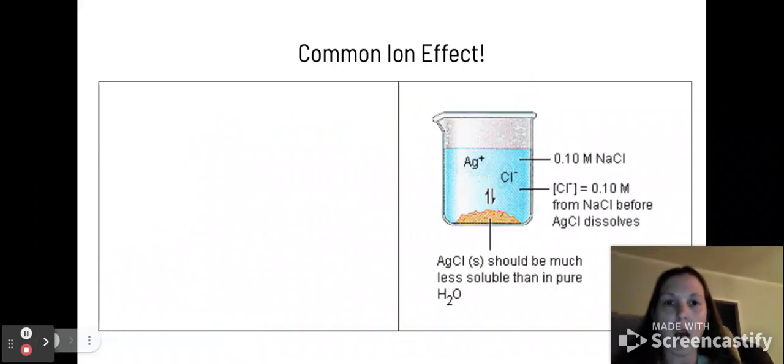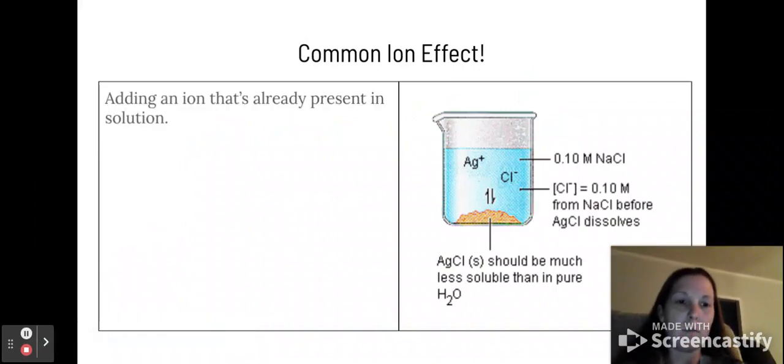And now let's talk about common ion effect and solubility product constant. So common ion effect is when an ion is already present in solution and then you add more of that ion in. This will cause an increase in that ion concentration and you'll shift away from that.